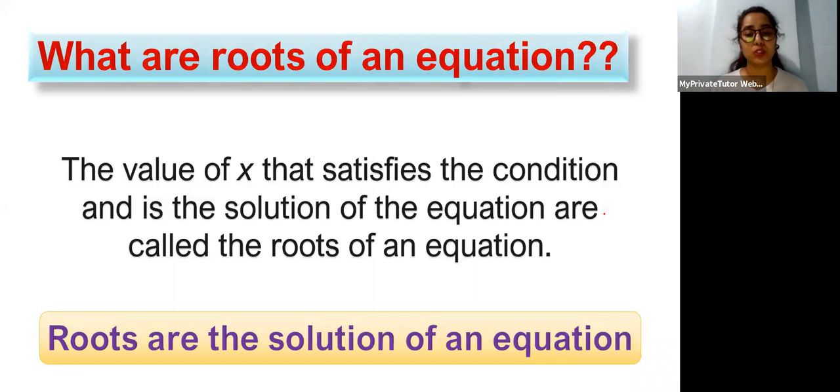Roots are the solution of an equation. That means whatever value of x in the equation satisfies the condition is the root of that equation. Like if you put any value of x, and if you get 0 at the end, that is called the solution or the root of an equation.